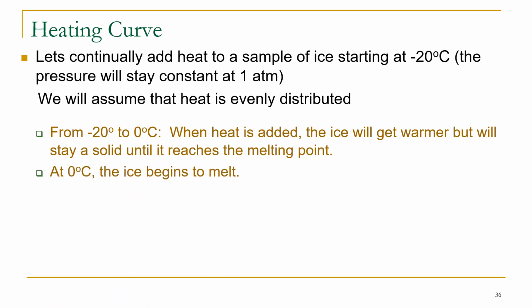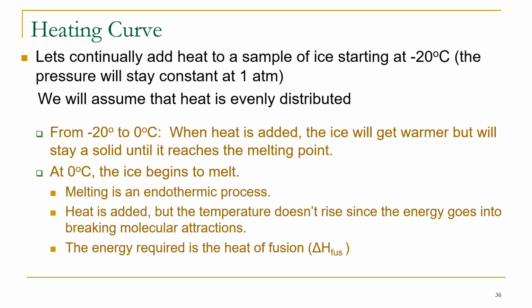Well, at 0 degrees, the ice begins to melt. So you'll have some ice and you'll have some liquid. As long as there is both ice and liquid present, the temperature will stay constant at 0 degrees. So melting is endothermic, meaning we have to put heat in to melt the ice.